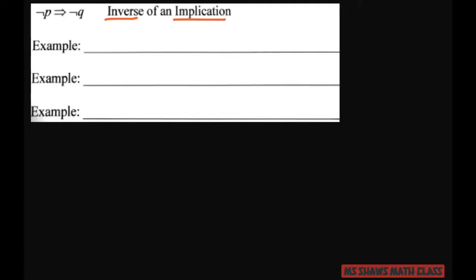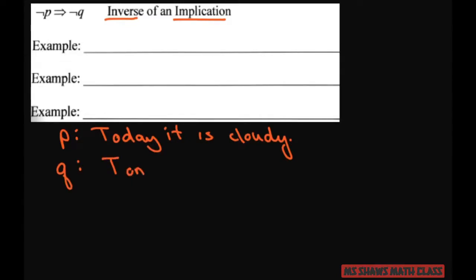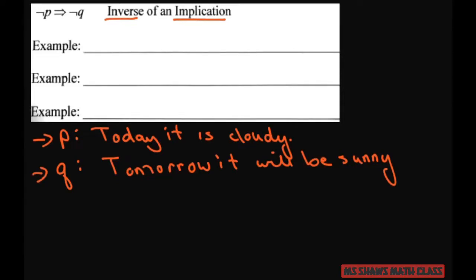So let's say, assuming P is, today is cloudy, and then Q would be tomorrow it will be sunny. So there's your proposition and there's your conclusion.